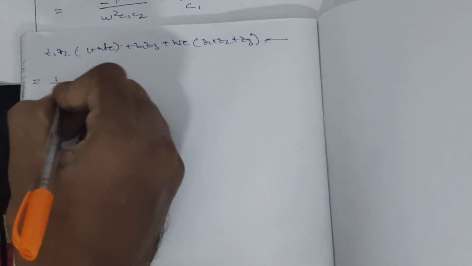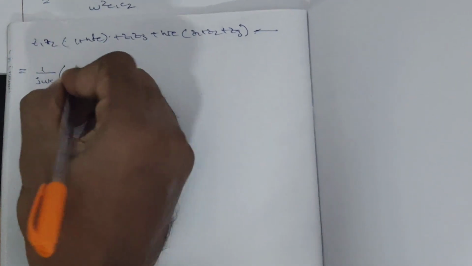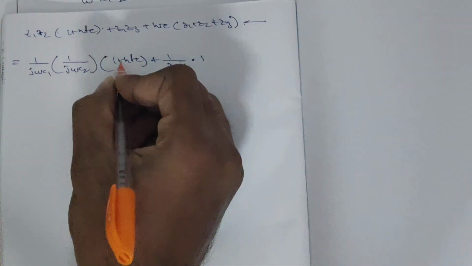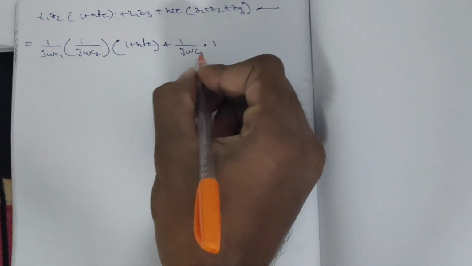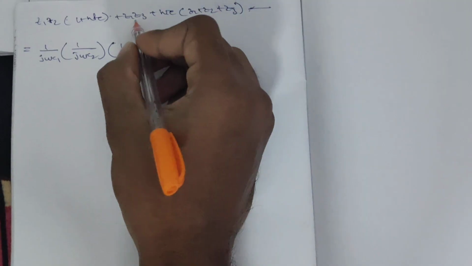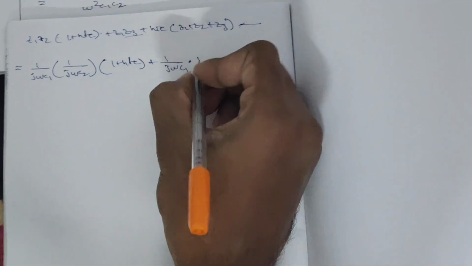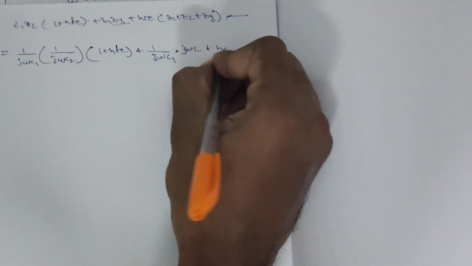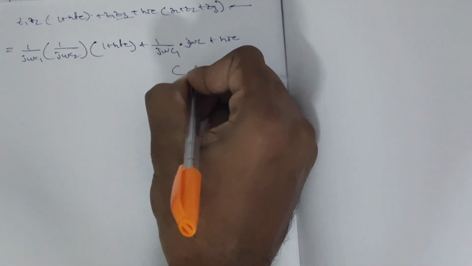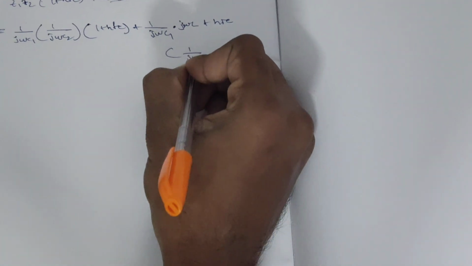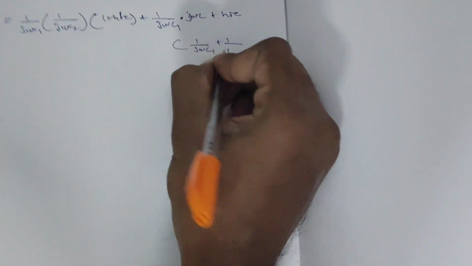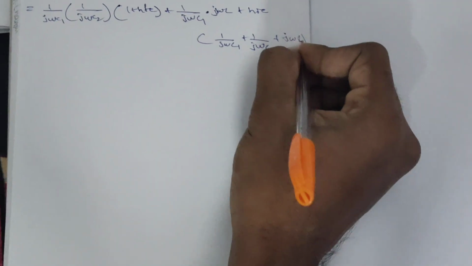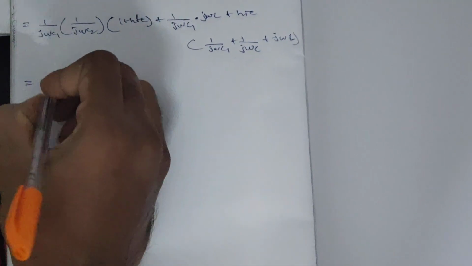We get 1 by j omega C1 into 1 by j omega C2 into (1 + HIE), plus 1 by j omega C1 into Z3, which is j omega L, plus HIE times (1 by j omega C1 plus 1 by j omega C2 plus j omega L). Now we can solve it.